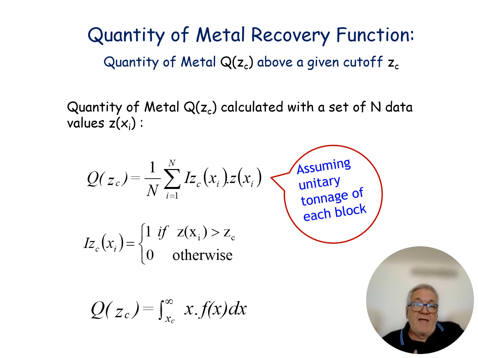Now, by definition, we can define the quantity of metal as the product of the indicator function, which takes value 1 if the grade is above ZC, the cutoff grade, and 0 otherwise, and the grade itself. The average of this product over all blocks gives the quantity of metal above a given cutoff grade.